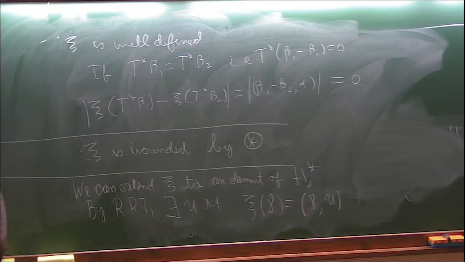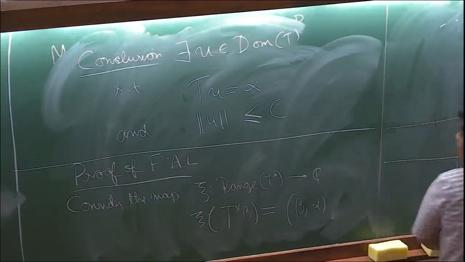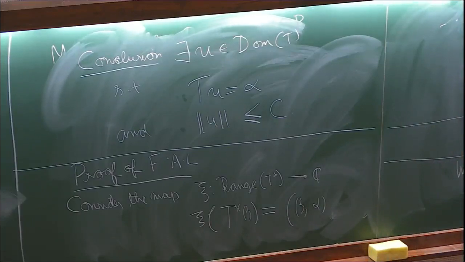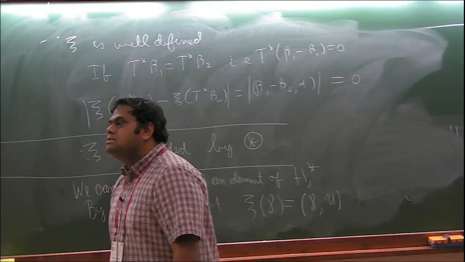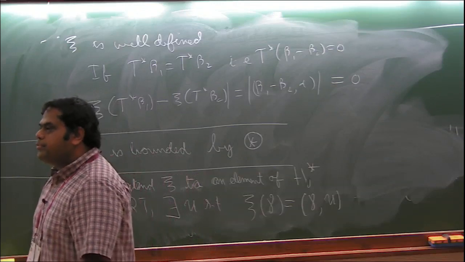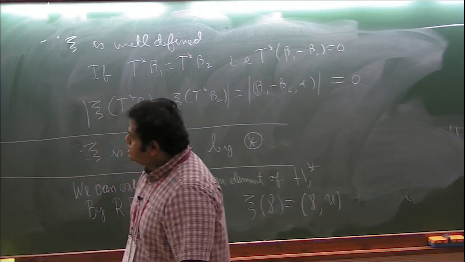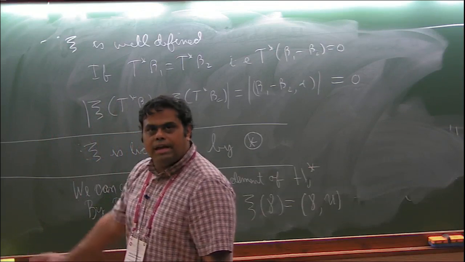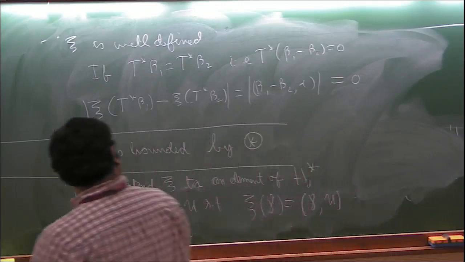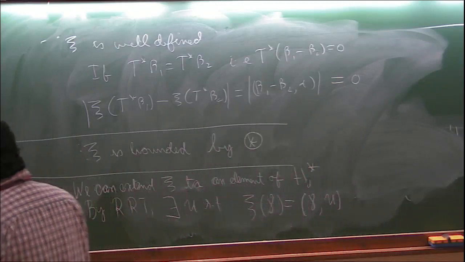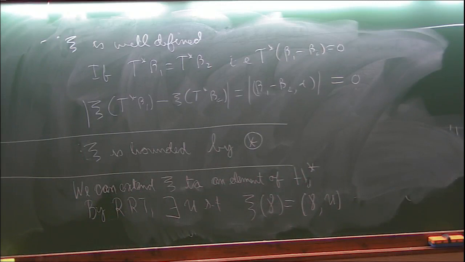I defined a map xi by this formula. This is the definition of xi. Right? Okay, now I have to rush to the other end of the board again. Or maybe, with your permission, I will erase this.